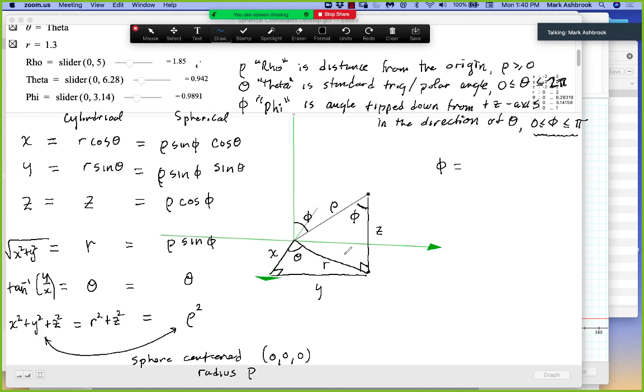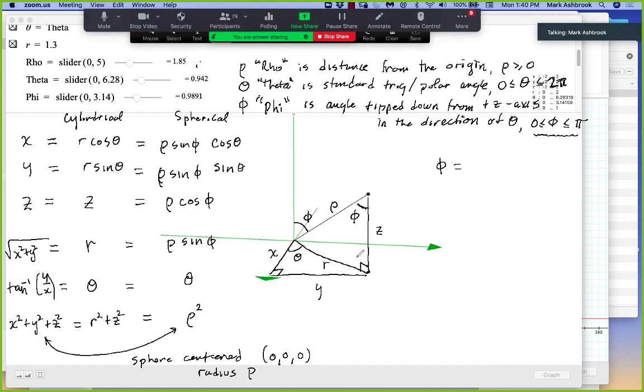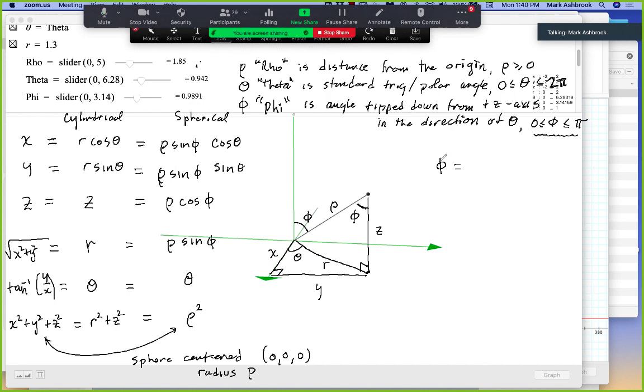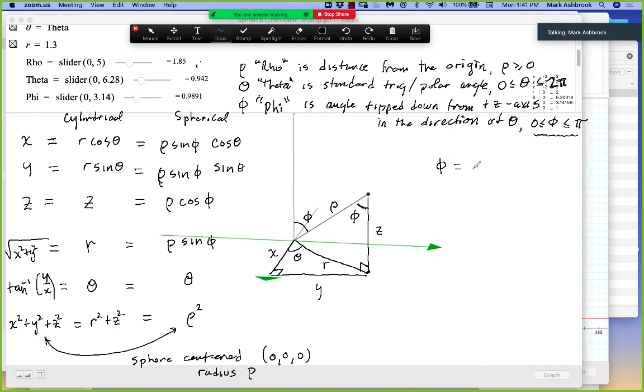Arc sine and arc tangent give an angle measure between negative pi over 2 and pi over 2. So because arc cosine gives an angle between 0 and pi, it makes the most sense to define phi in terms of arc cosine, because then it'll spit out an angle in the range of phi. So arc cosine of what? What's the cosine relationship to phi here?